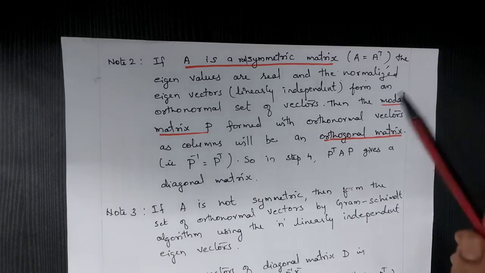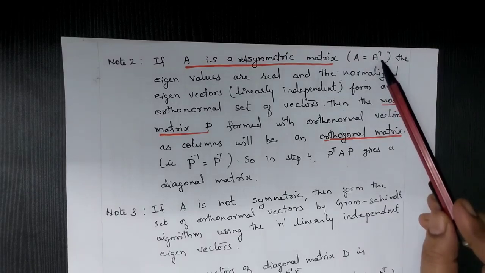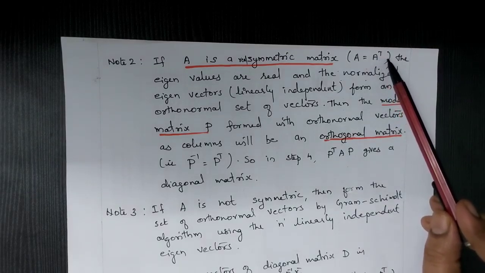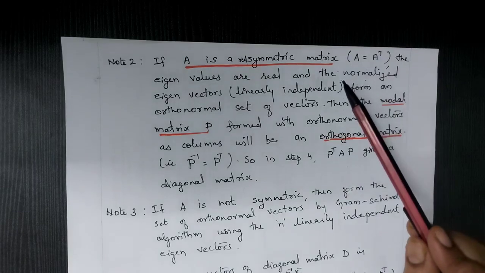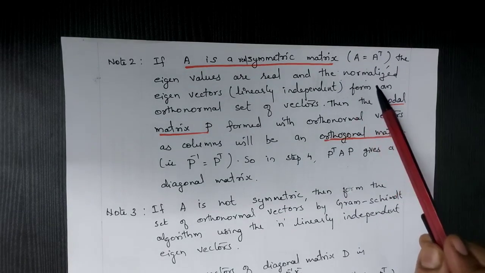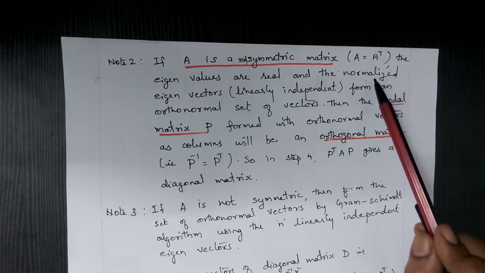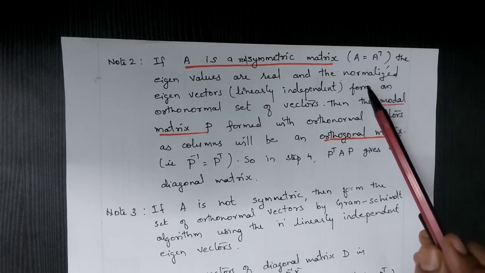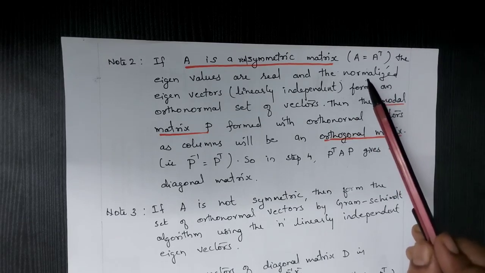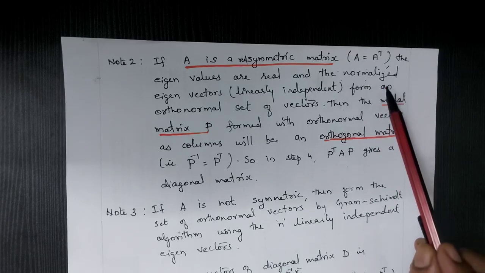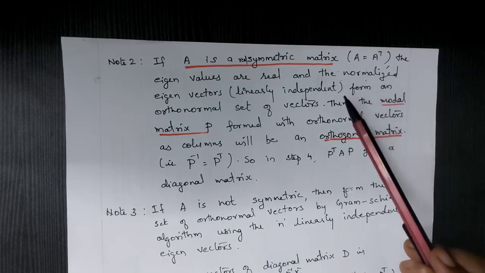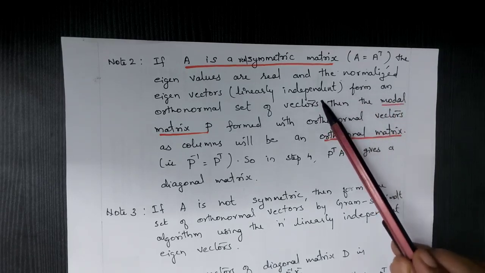Suppose A is a symmetric matrix, that is A is A transpose. Then the eigenvalues of A are real. And if you normalize each eigenvector, that is, divide each vector by its corresponding length, you get a set of orthonormal vectors.